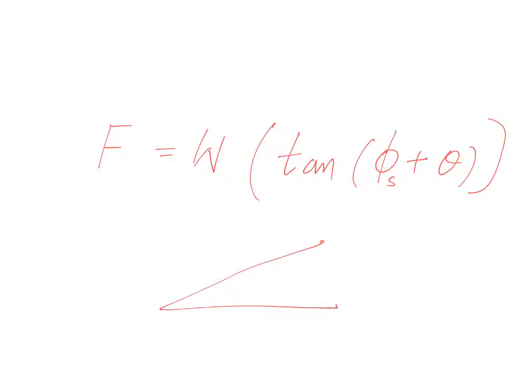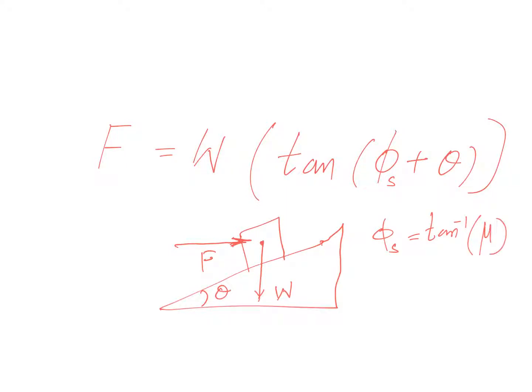We were solving this problem where we wanted to move this particular object, which has a weight of capital W, up an inclined plane with inclination theta, by applying an external force like this. Okay, makes sense? And phi s is tan inverse of mu, where mu was the coefficient of friction between these two surfaces.